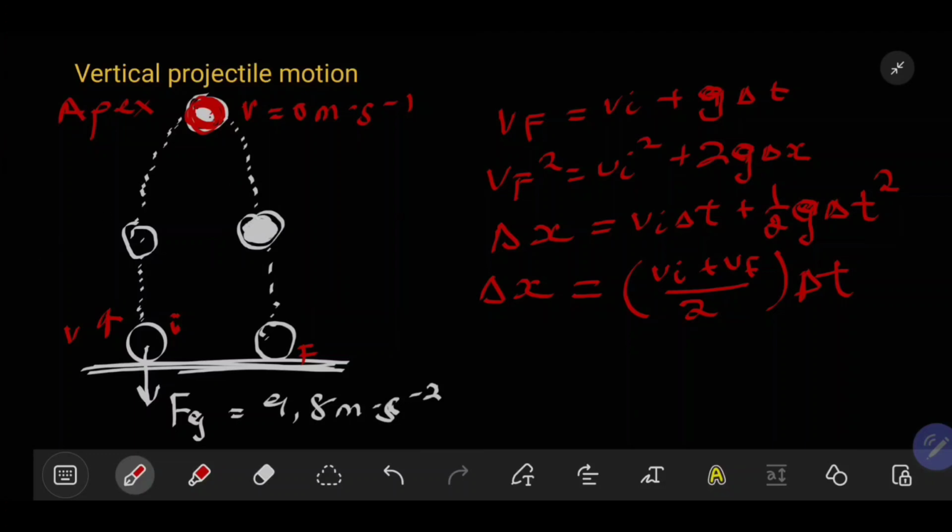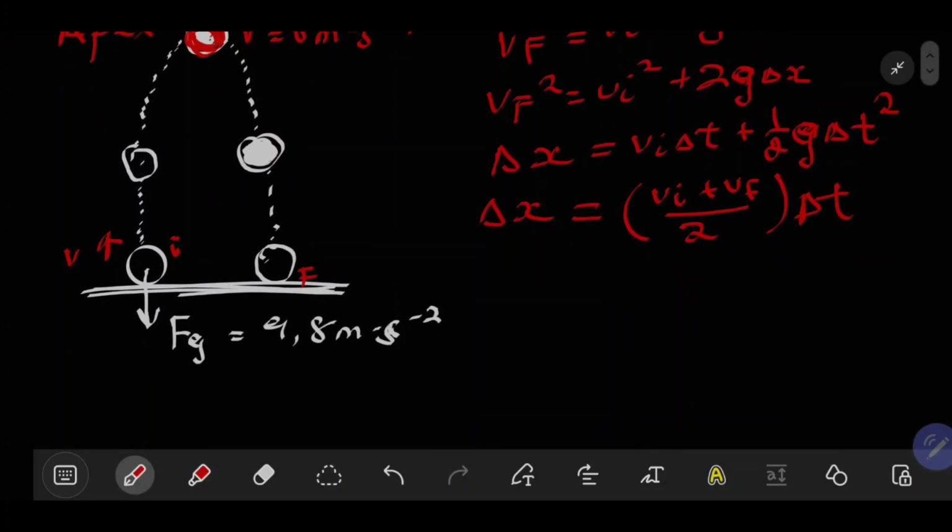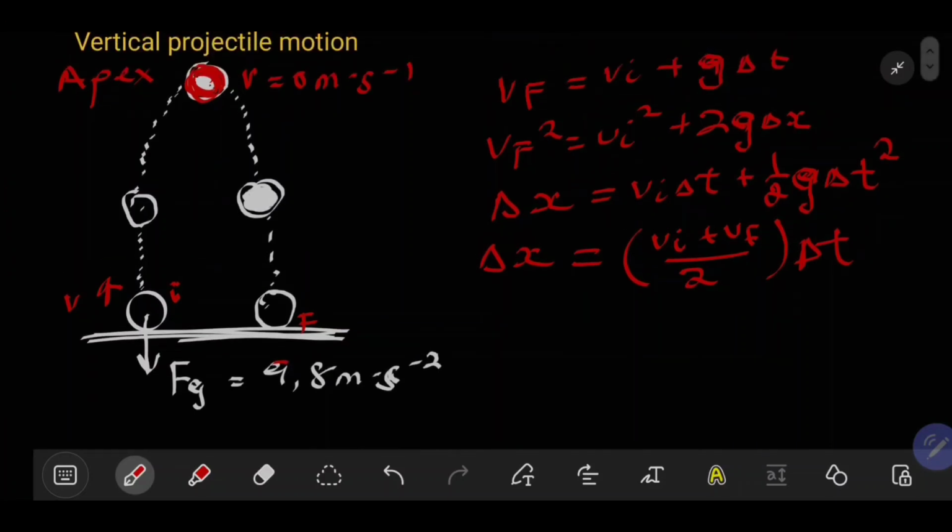All right, so we also have another quantity, which is time. It's simple to calculate, and then always we have to choose direction. All right, we have to choose direction. But here on Earth, we know that the gravitational acceleration is always pulling any object down.